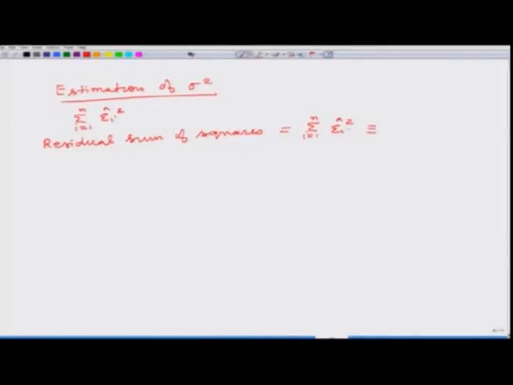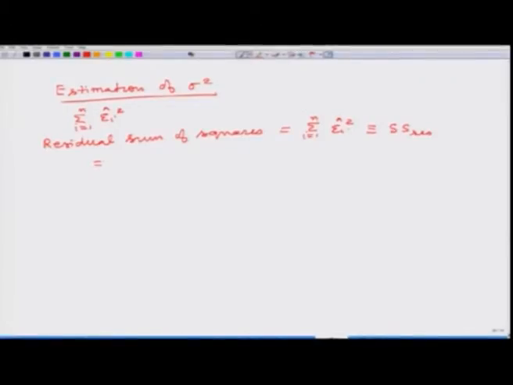Call it SS res. SS res means sum of squares due to residuals. RES is a short form of residual. But before going further, let us try to understand it. This quantity has an important role in regression analysis.